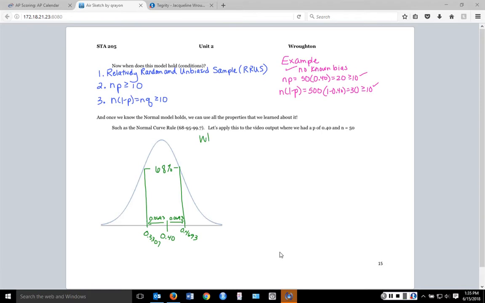So then I could say, when taking a sample of 50 beads, then 68% of the time we should get between our 0.3307 as a percentage would be 33.07%, and our 0.4693 as a percentage would be 46.93% black beads. So about 68% of the time, I should get roughly between 33% and 47% black beads.